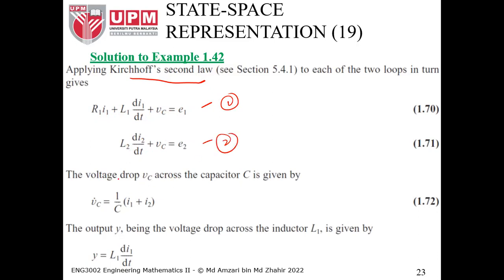The third equation is the capacitor voltage, V dot C equals 1 over C times (I1 plus I2). So you have three equations. The output, being the voltage drop across L1, is y equals L1 dI1/dt, so you have four equations here. This is the output, two inputs, and one output.